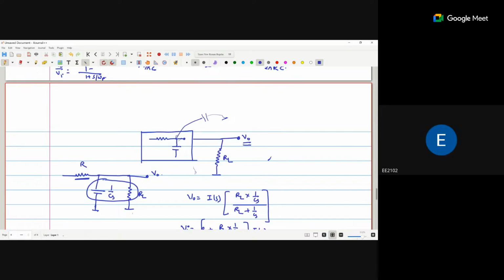Okay, so I am using, in parallel with this capacitor, the stray capacitor. Because of this stray capacitor, the capacitor value will be the two parallel capacitors.